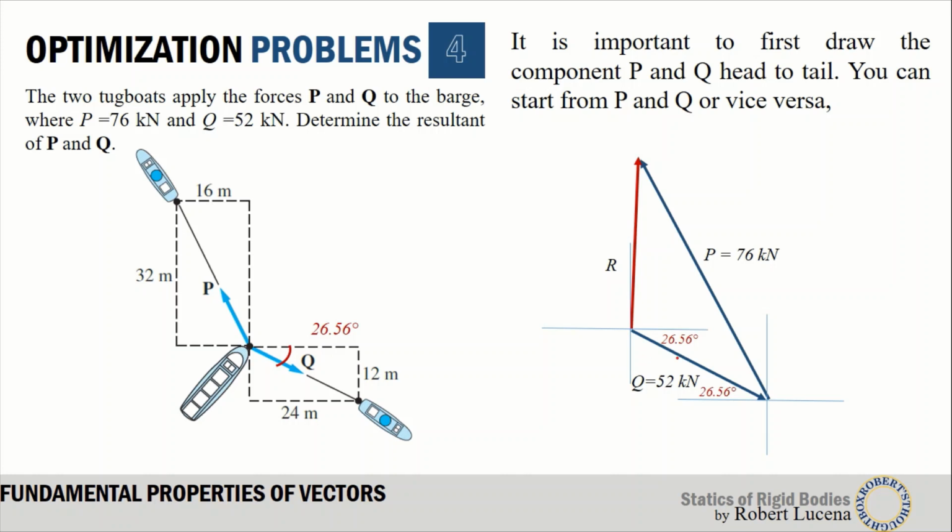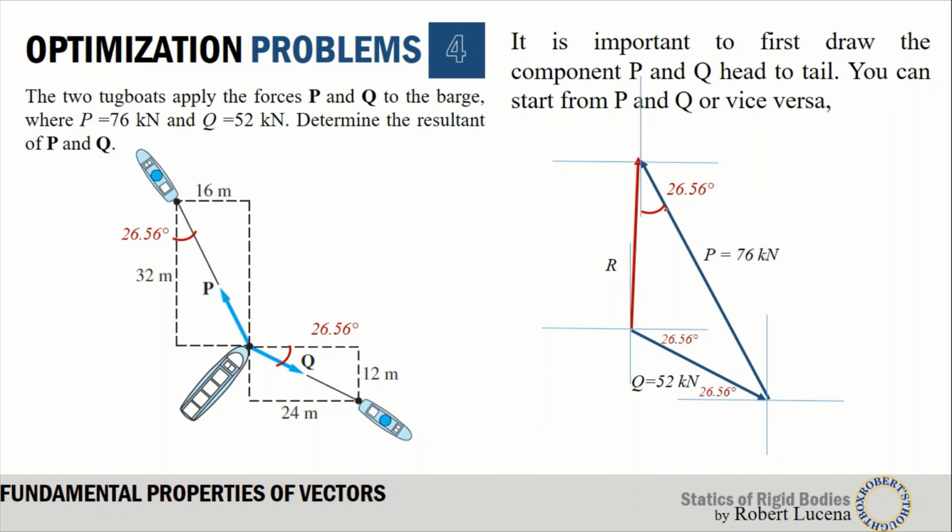Using alternate interior angles, the property is that alternate interior angles are congruent. Therefore, this side is 26.56. Now, using another tangent function, this angle is 26.56, and that is here, measured not from the resultant but from this axis.